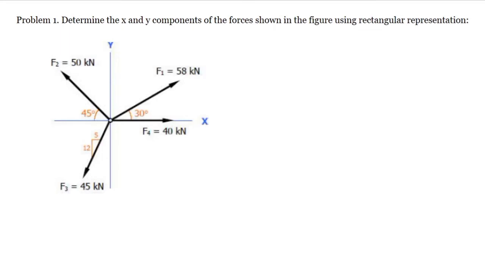So we are asked to compute for the x and the y components of each forces here. So for each force, that is just equal to Fx times i plus Fy times j. As we can see from the force 1 and the force 2 here.